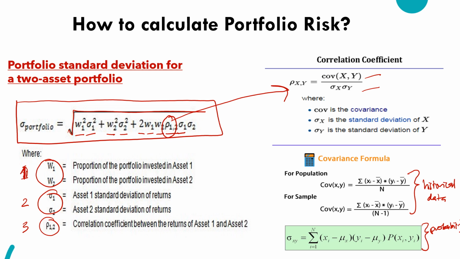This correlation coefficient can range from -1 to 1.